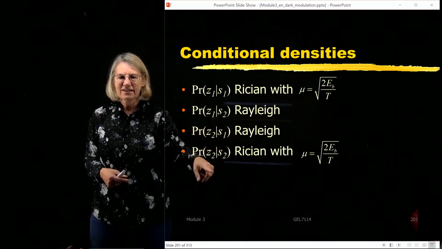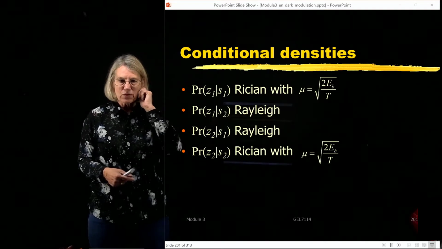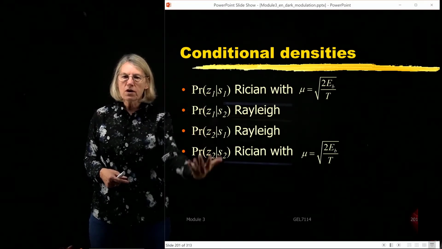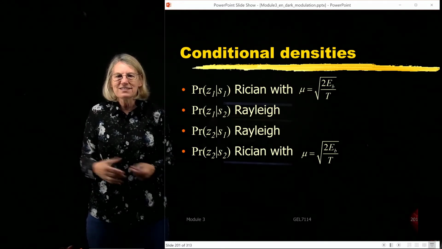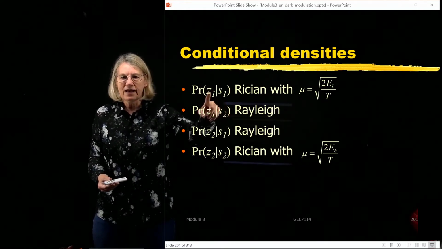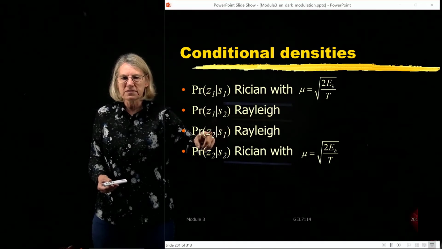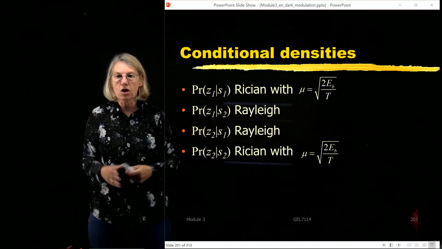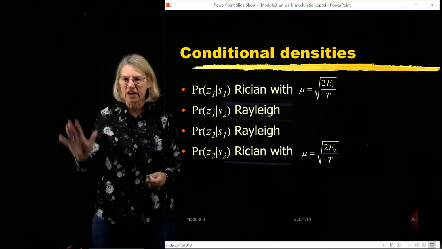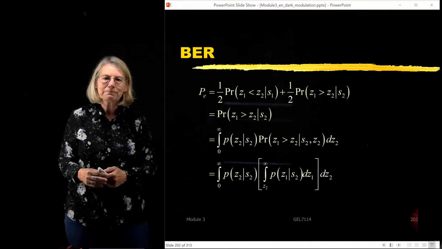And then here, of course, is the other case, which is Ricean. So I have these 4 conditional probabilities, which represent everything that could happen. I send S1, and I look at what happens in Z1, or in Z2. I send S2, and I look at what happens in Z1 or Z2. So I have all the conditional probabilities that I have to worry about.